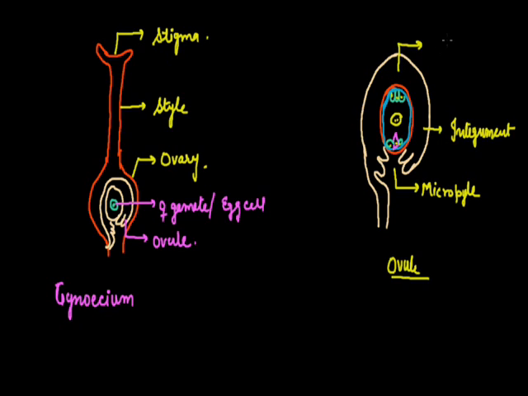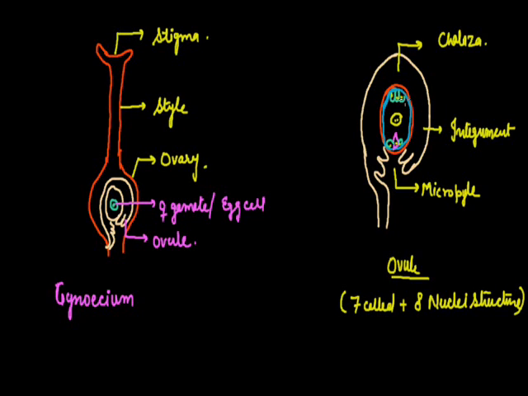Just opposite the micropyle, the chalaza is found. Inside it, you can see a 7-celled but 8-nucleate structure.